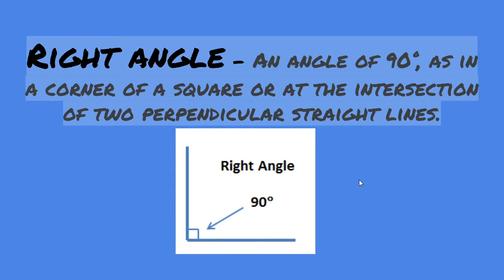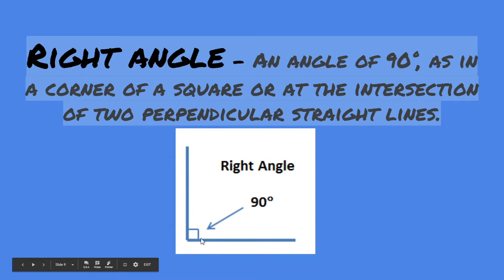Another important angle to be remembered is the right angle. We will be using the right angle in various problems and concepts in geometry. So I would suggest please memorize the right angle. A right angle is formed by two perpendicular lines. When the perpendicular straight lines intersect each other, they form square corners, and these are called right angles.